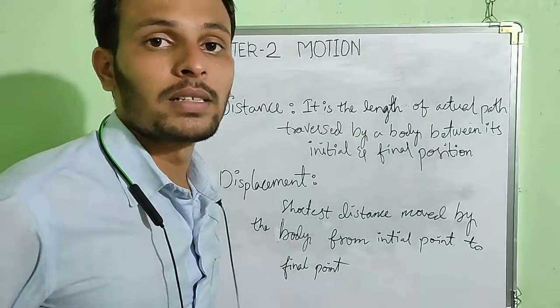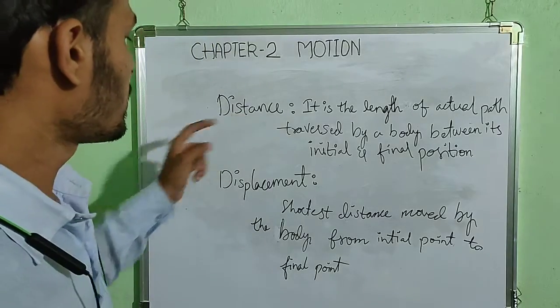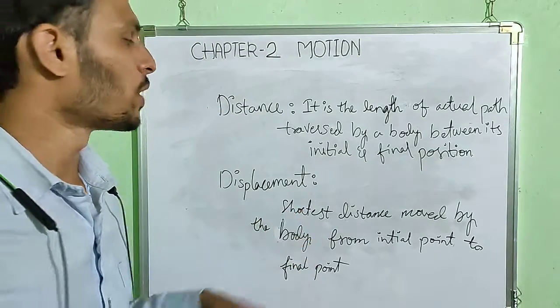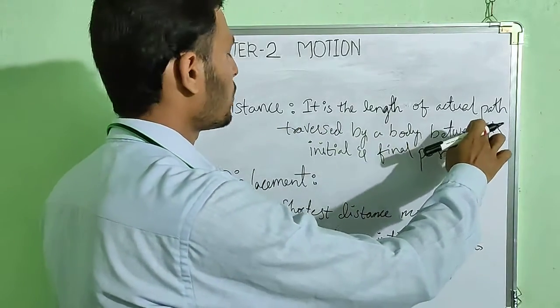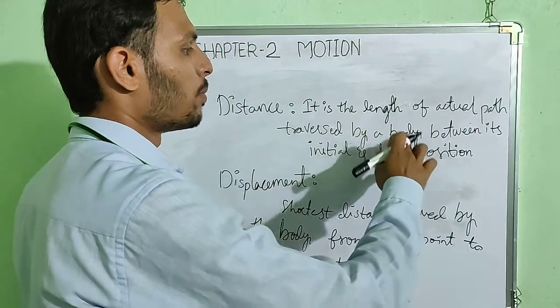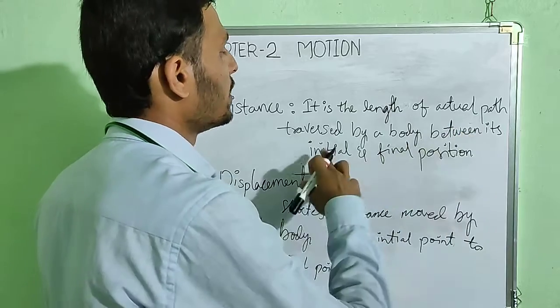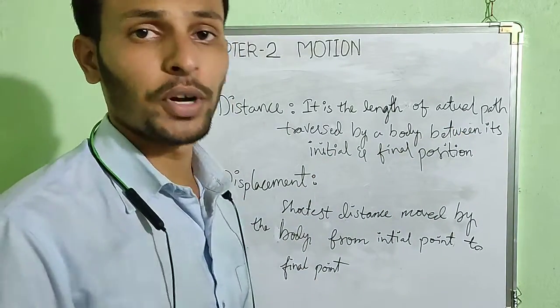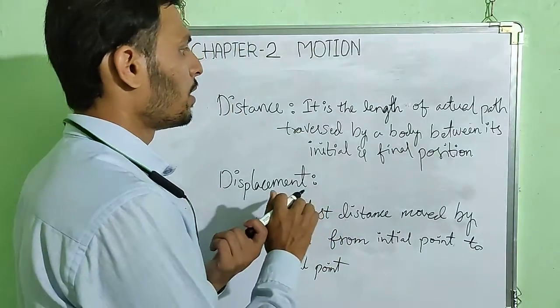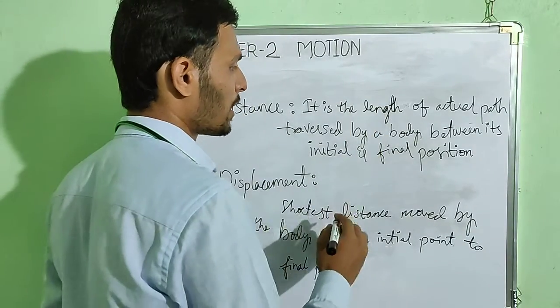So now let us discuss distance and displacement. What is distance? It is the length of the actual path traversed by a body between its initial and final position. For this I'll give you one simple example.